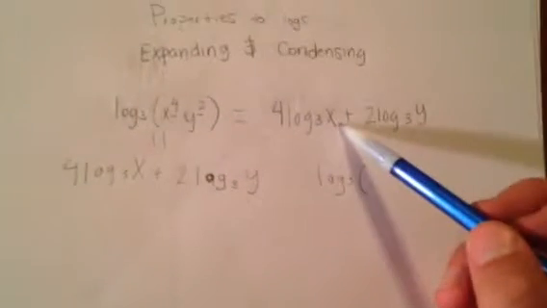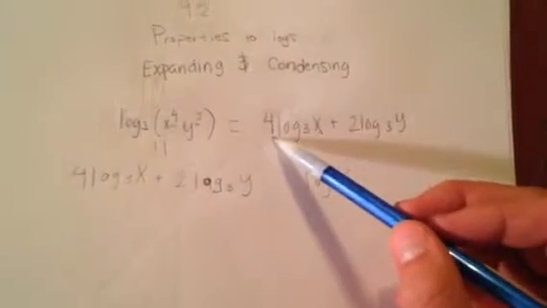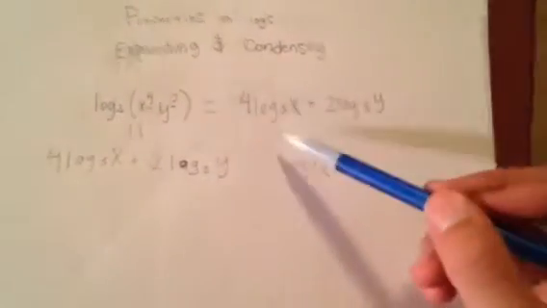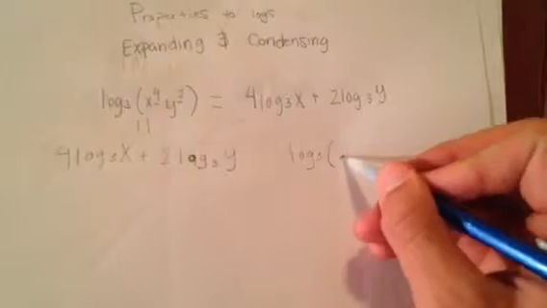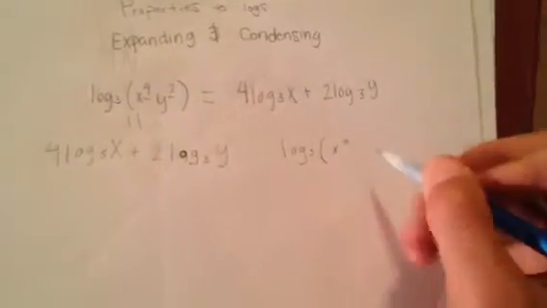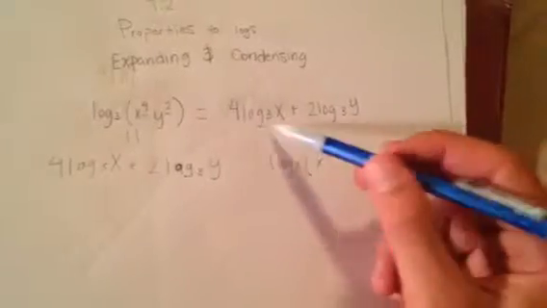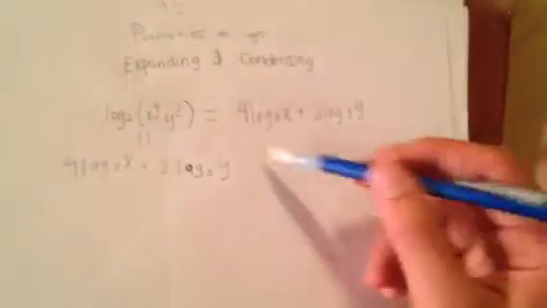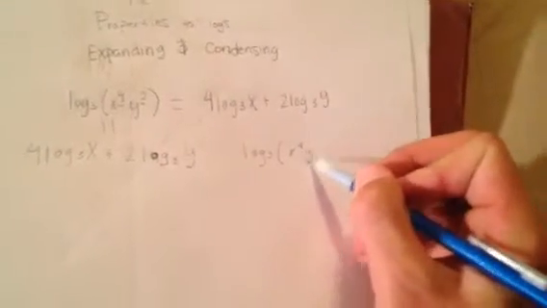Then everything else you have left is going to go in the parentheses. So whatever we have left right here is x and this 4. You're going to make x become x to the power of 4. And since they're not being added anymore, they were always multiplied, you're going to do y to the power 2.